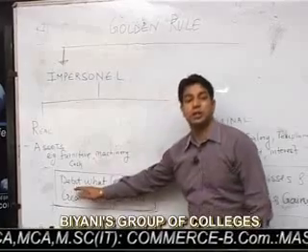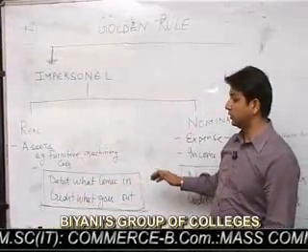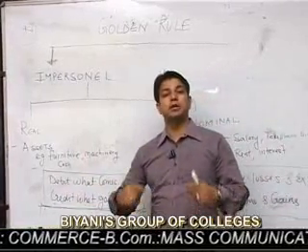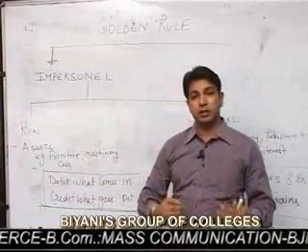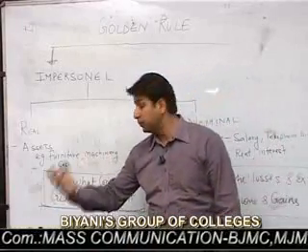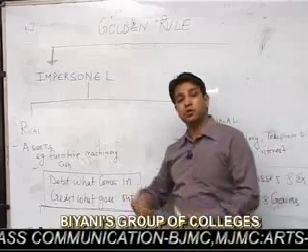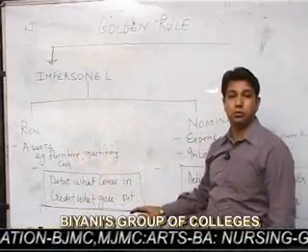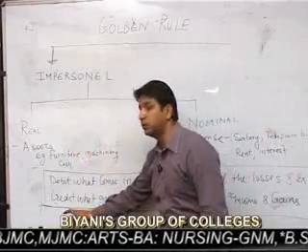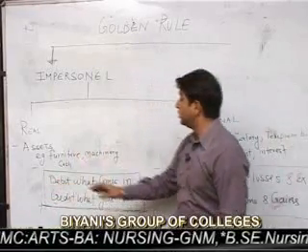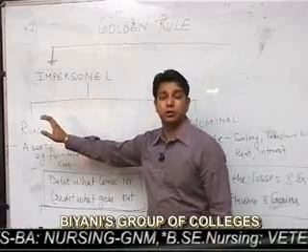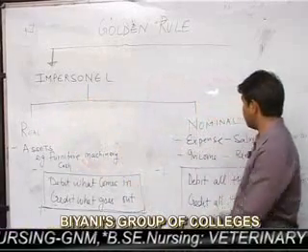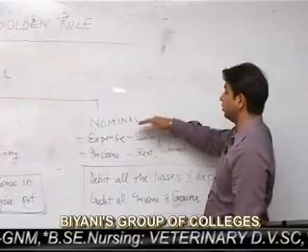According to the rule, debit what comes in, so the furniture will be debited. Similarly, if we are selling the furniture, that means furniture is going out of the business, so we say credit what goes out. That means furniture will be credited. So, this is all about the real rule.